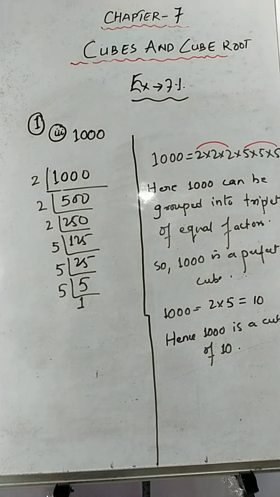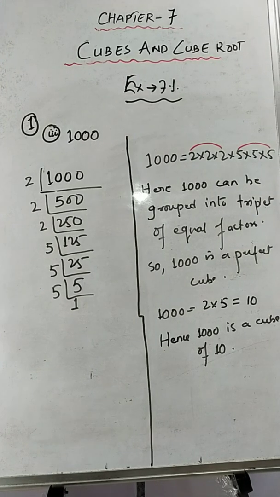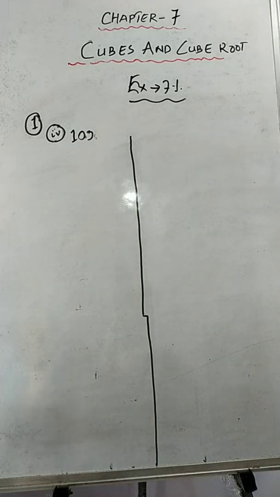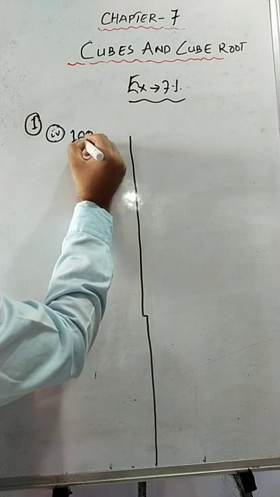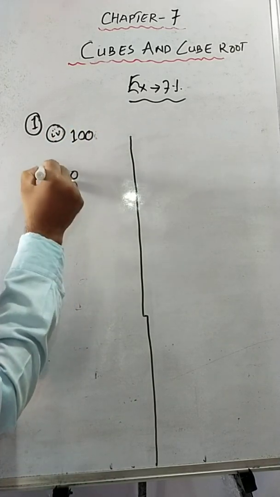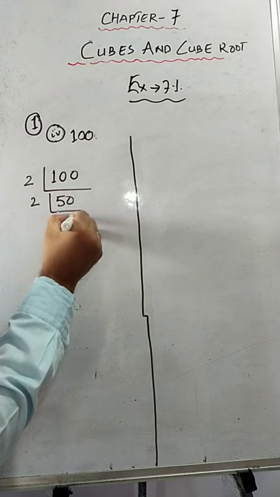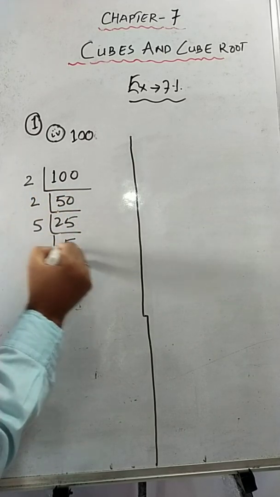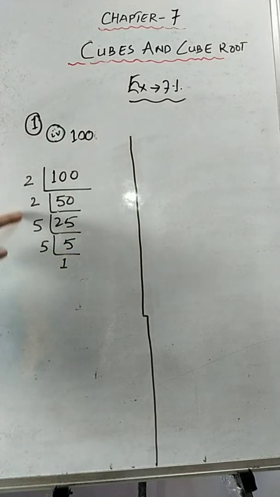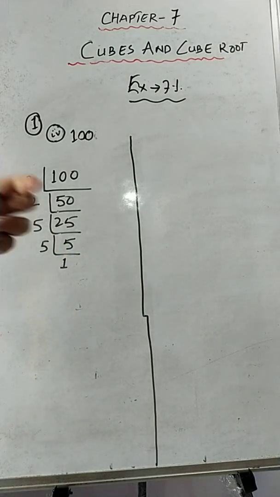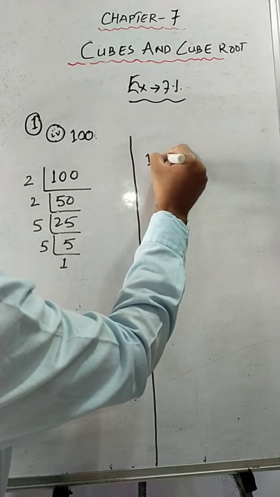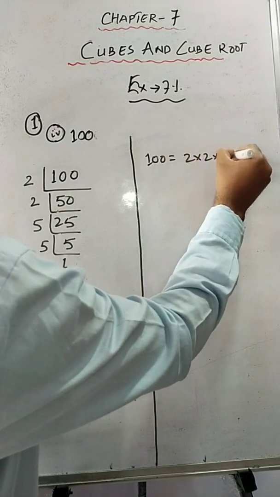Okay students, now let's see the last sum of this session, sum number 4 of question number 1. Sum number 4 we have 100. Just check: 2 50s, 2 25s, 5 5s, 5 1s. From here you can conclude that this is not a perfect cube because all the factors are not in triplet form. So we'll write all the factors: 2 into 2 into 5 into 5.